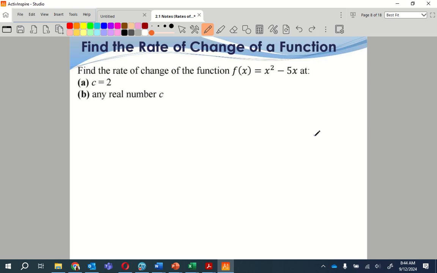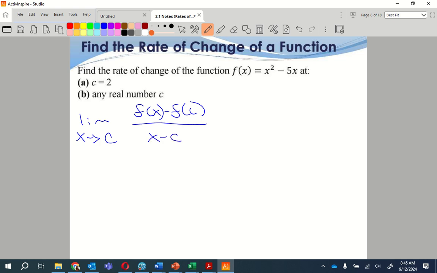All right. At this point here, I'm going to write the limit as x approaches c, and I'm going to have f of x minus f of c over x minus c.